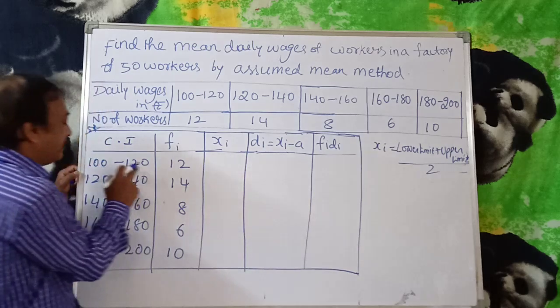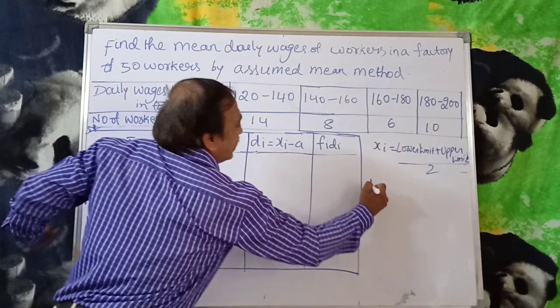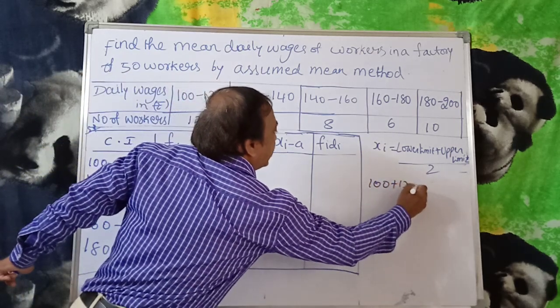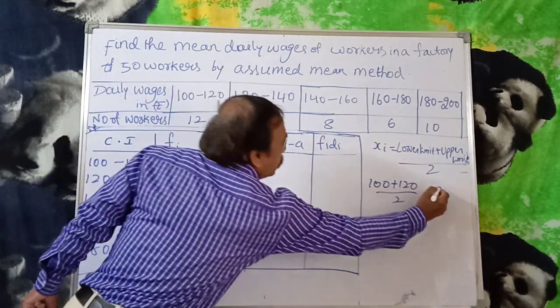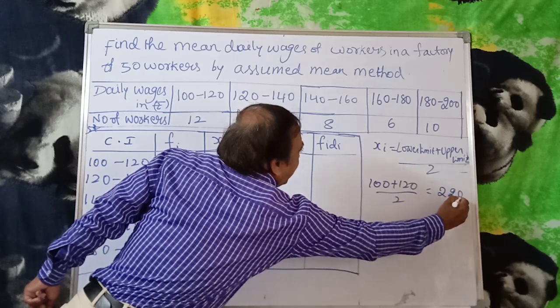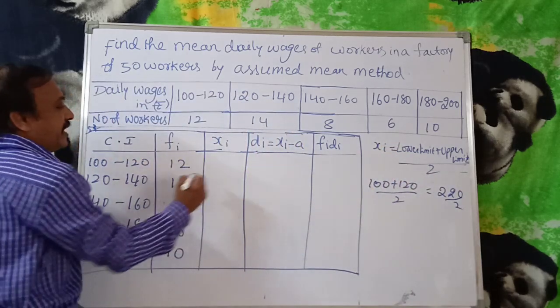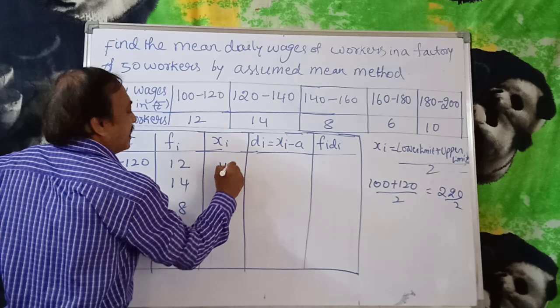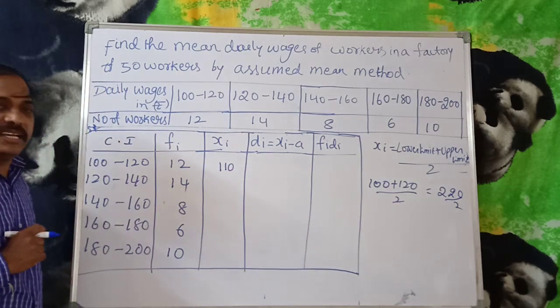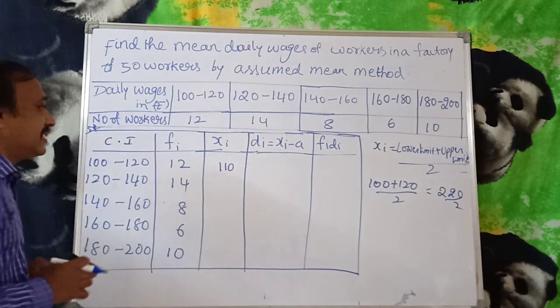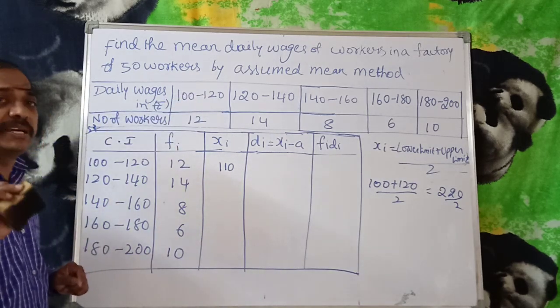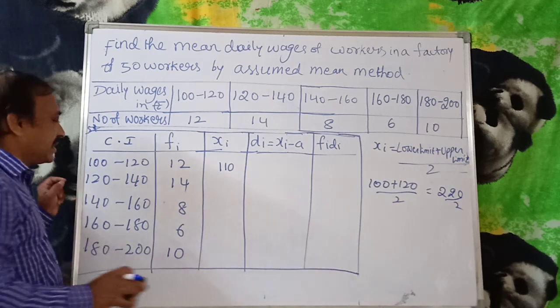If you simplify, you will get 110. So this is the class mark, that is nothing but the mid value of the class interval.